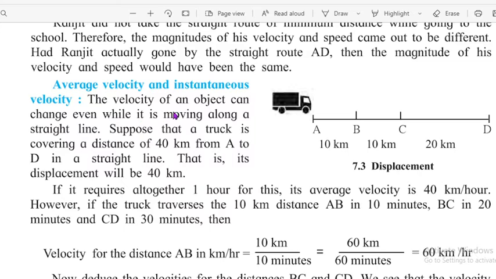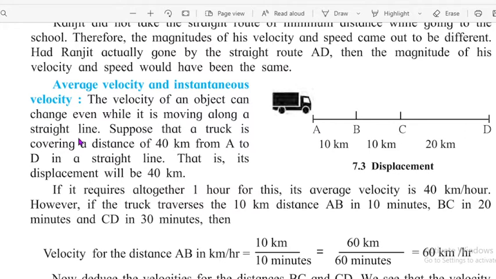The velocity of an object can change even while it is moving along a straight line. See that this truck is moving; its velocity may change even though it is moving in a straight line.